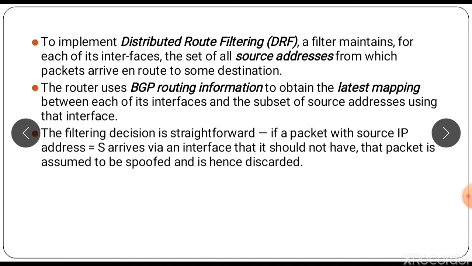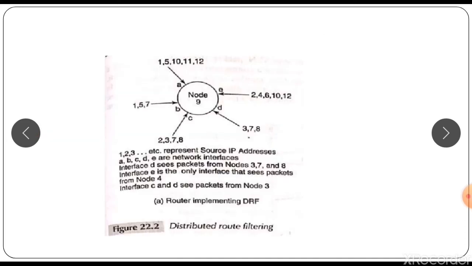A filtering decision is very straightforward over here. If a packet with some source IP address arrives via an interface that it should not have, the packet is assumed to be spoofed and hence it is discarded. To understand this, consider this particular example.